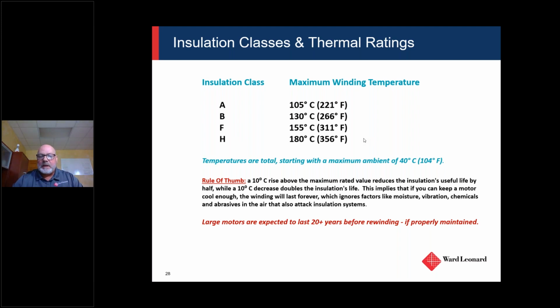So maximum winding temperature, that's what that is saying, right? If you start with a maximum ambient, this is how the rating goes: a maximum ambient of 40 degrees C or 104 degrees F on a Class H design motor.